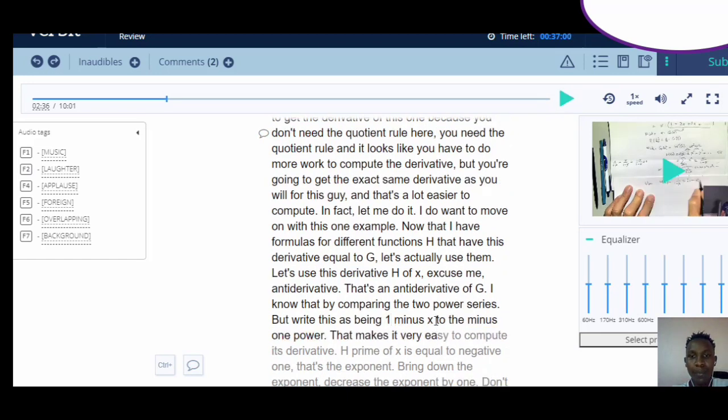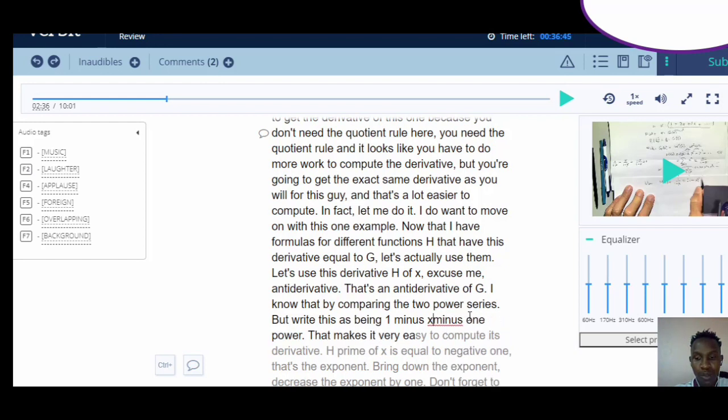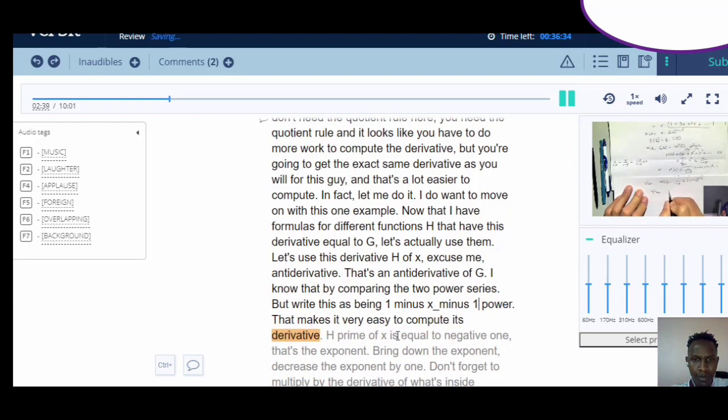To the means is a superscript. And we said when there is a superscript and a subscript, we use an underscore. So in this case, to the, you delete this part like that, then use an underscore. X to the minus 1 power, that makes it Numerics. 1 power, that makes it very easy to compute its derivative.